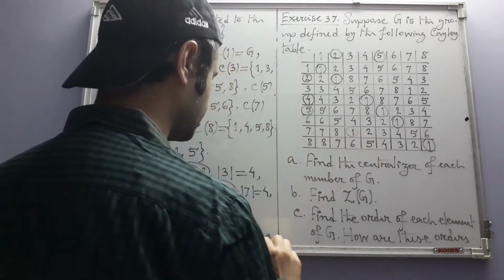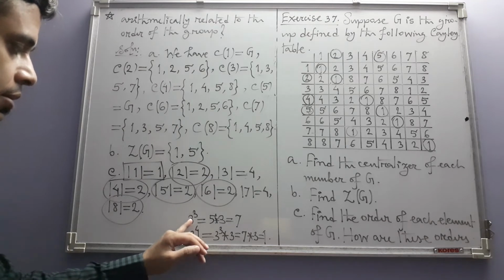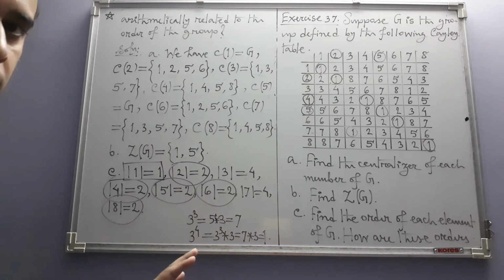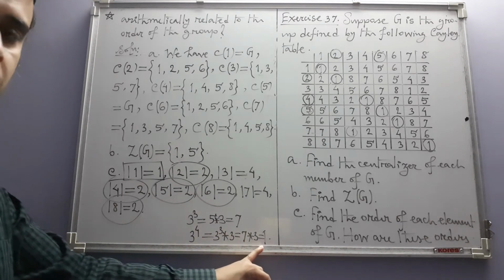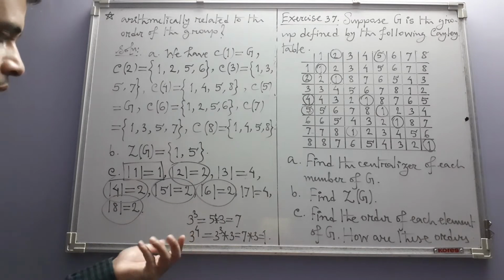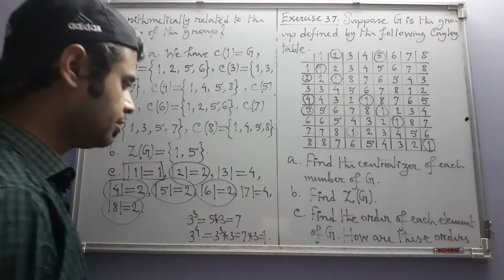See, here we are getting 1. So until this 4th power of 3, we haven't got the identity element. Only the 4th power becomes equal to the identity element. So the order is 4. Just like that, the order of 7 is also equal to 4.